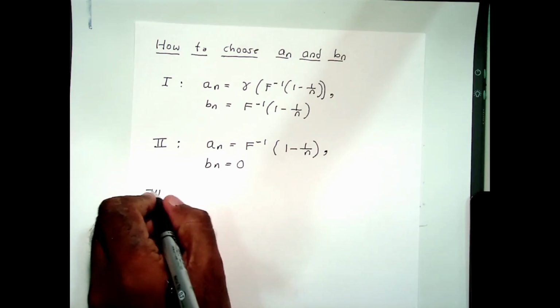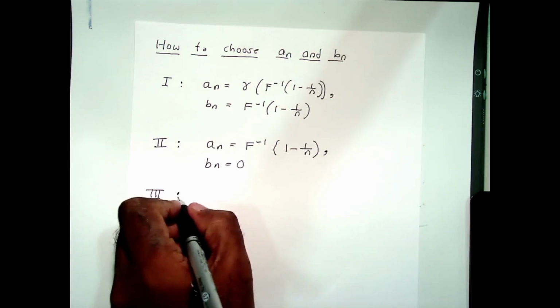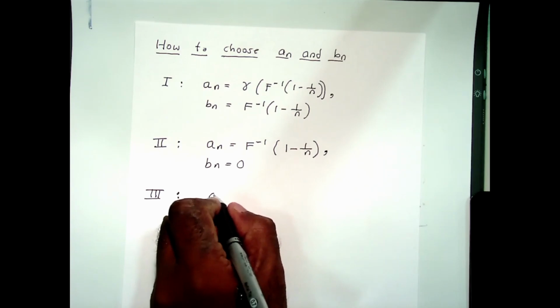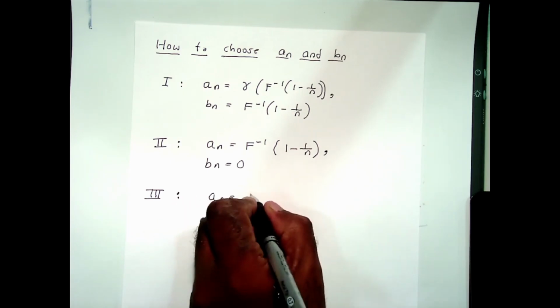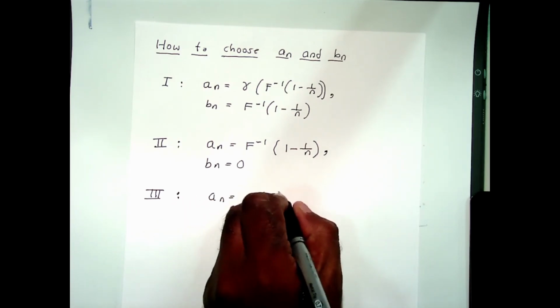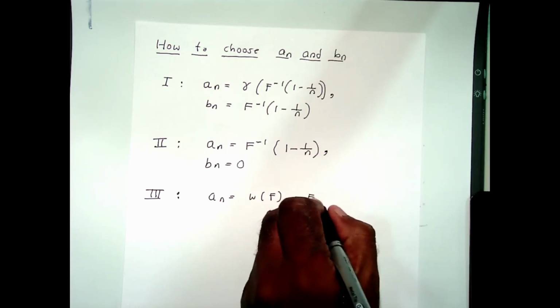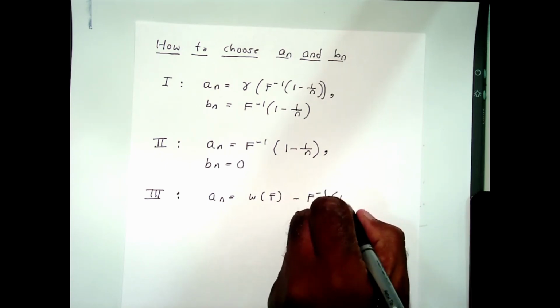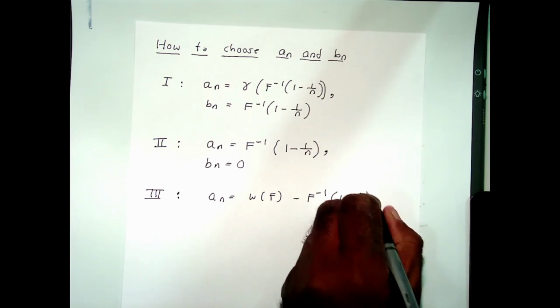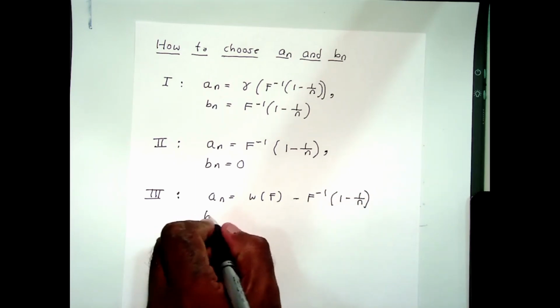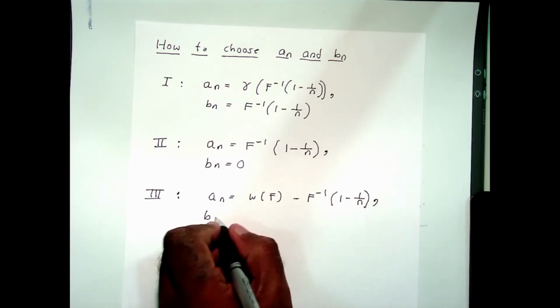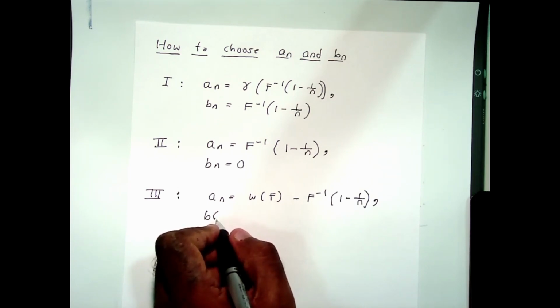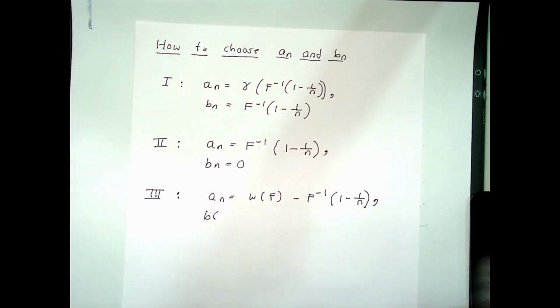And if condition 3 is satisfied, then an is equal to w of f minus the inverse function of f at this, and bn is equal to, sorry, I made a mistake.